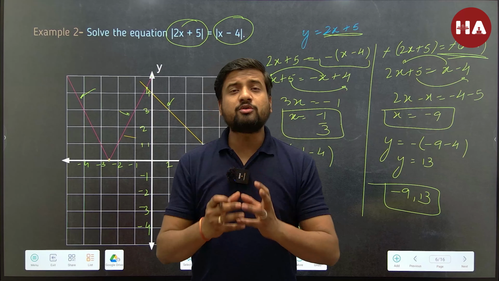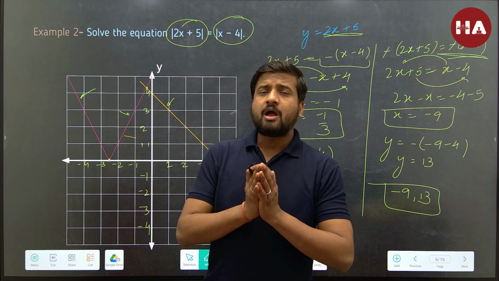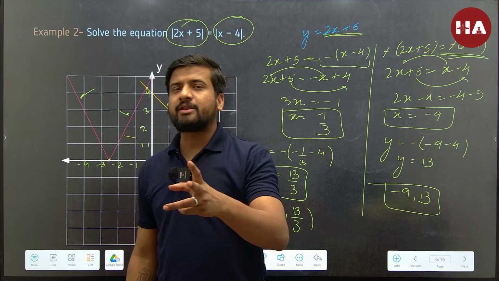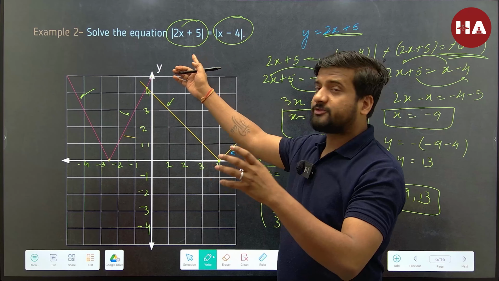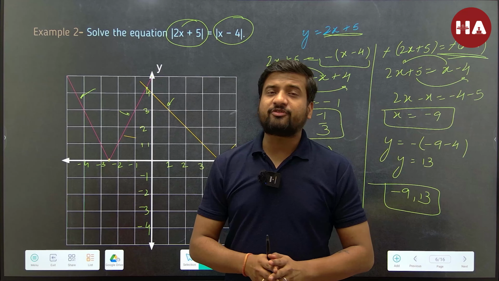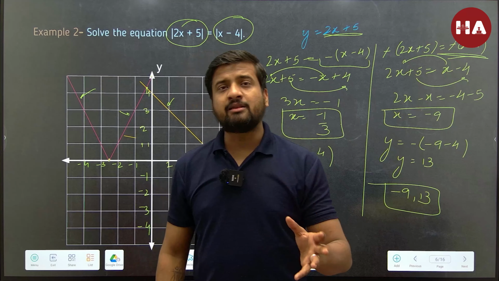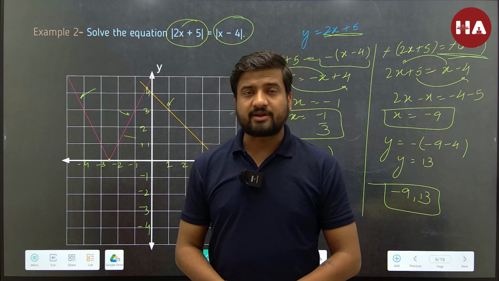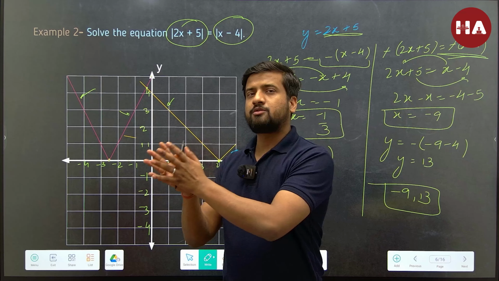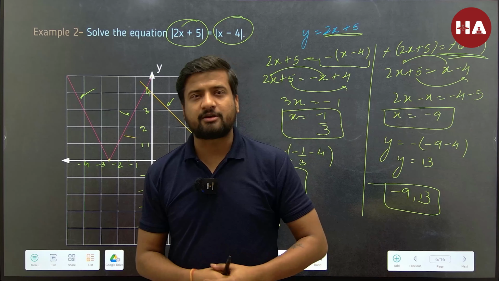Now, how to recognize how many solutions will be there? Whenever we are talking about two linear equations, in case of modulus functions, you will always have two solutions. You just need to figure out which line will be giving you those solutions, right? Now, why did I not do the algebraic method?